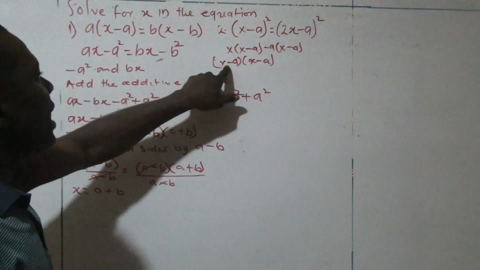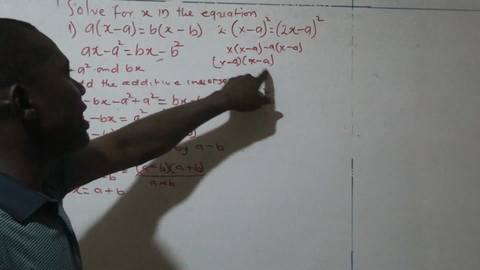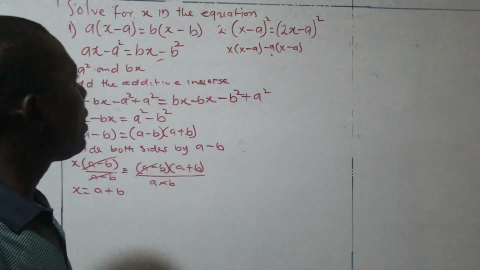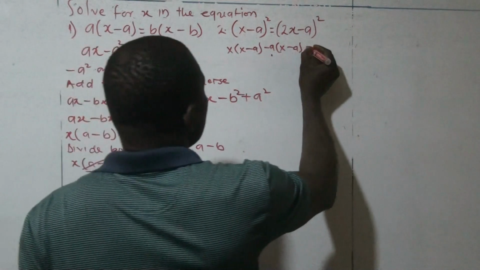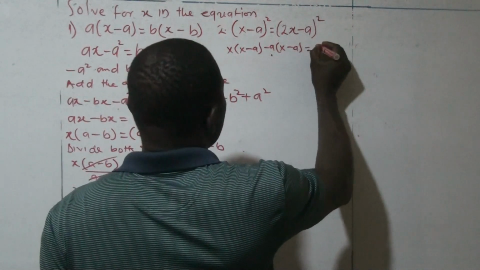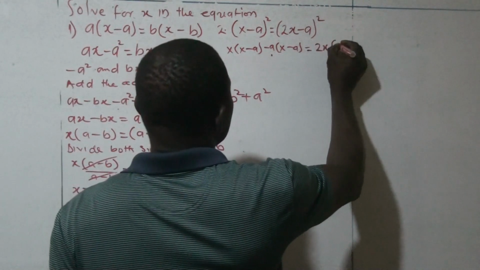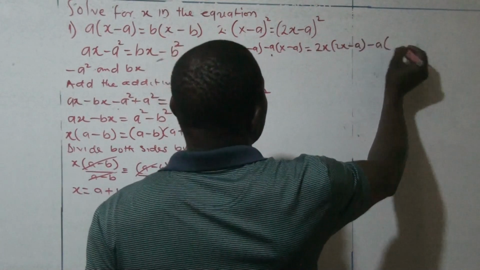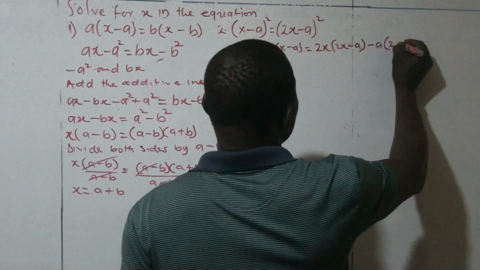It means that everything in this bracket will multiply. Similarly, on the right hand side, we're going to have 2x into 2x minus a, then minus a into 2x minus a.